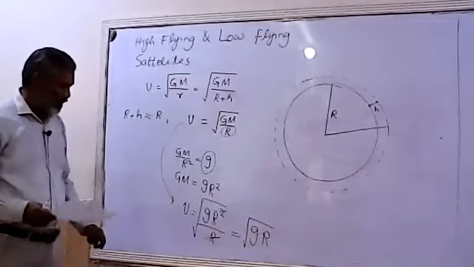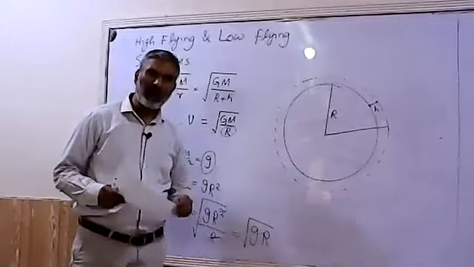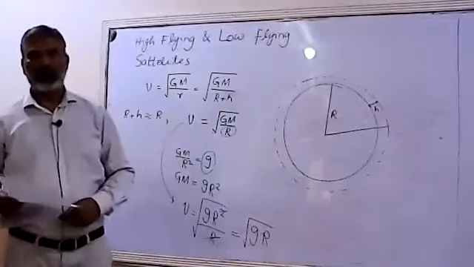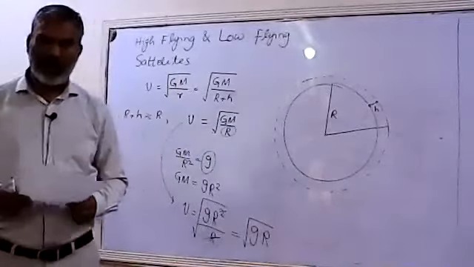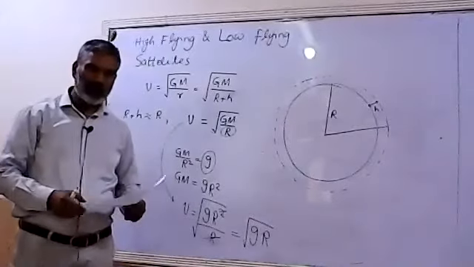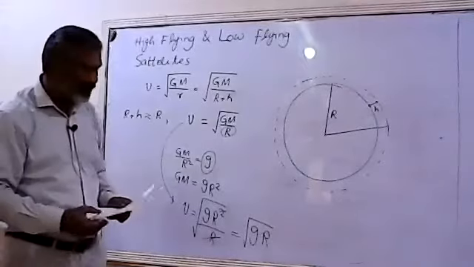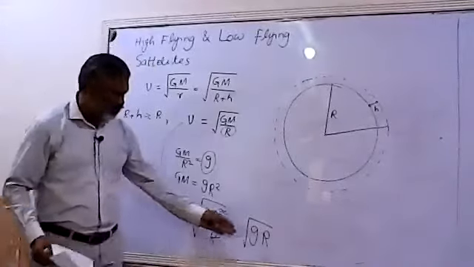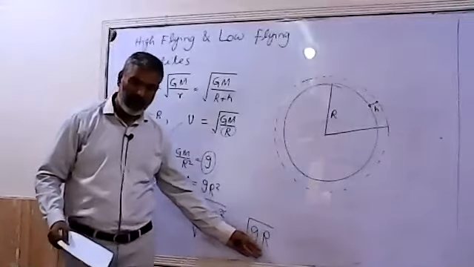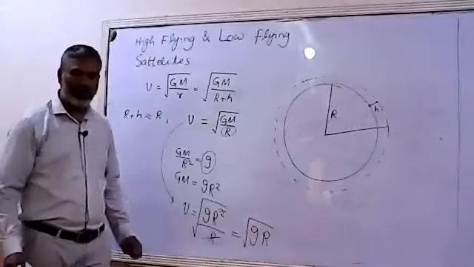If you remember, this is the same expression that we derived for the minimum speed required when an object was moving in a vertical circle, and in order to continue moving in the vertical circle without falling vertically down, the square root of g times the radius of that orbit was the minimum value.